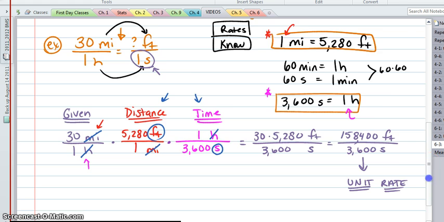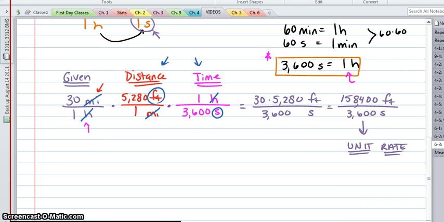To get a unit rate, we will divide 158,400 by 3,600, and you will, voila, get 44. Now, keep the units. 44 feet per second. This happened to work out really nicely, but always read your directions. If you need to round to the nearest tenth or hundredth, please do so if necessary.